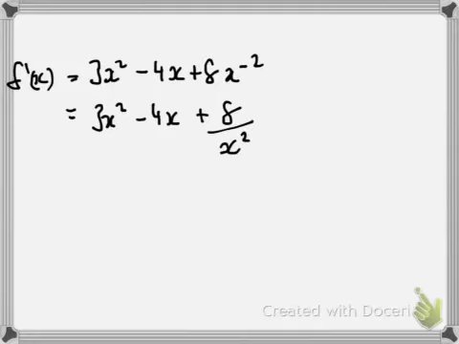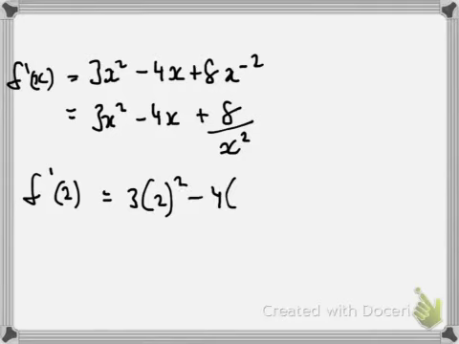Remember, we always try and make these negative indices positive by changing them to the other side of the fraction line. Now, we're asked to find f dash 2. Simply a matter of substituting 2 into the derivative. And here we go.